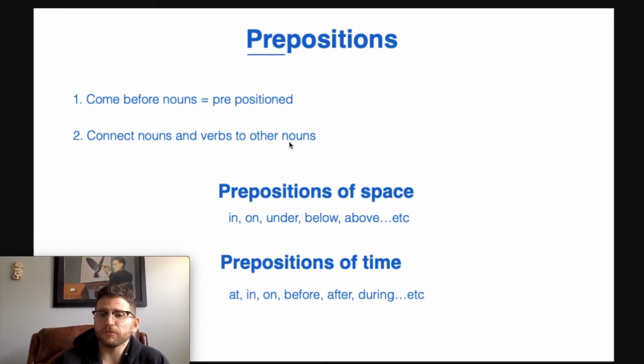And I could also have prepositions of time that show relationships between nouns in time. Okay, sequentially. Okay, so for example, we could say like we arrived in 5 minutes.